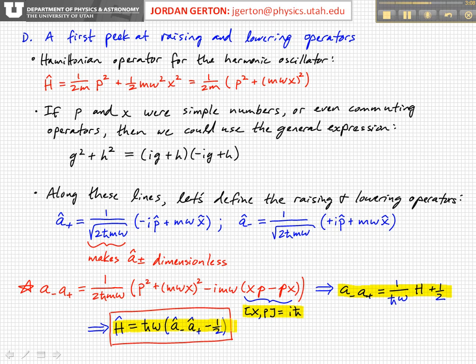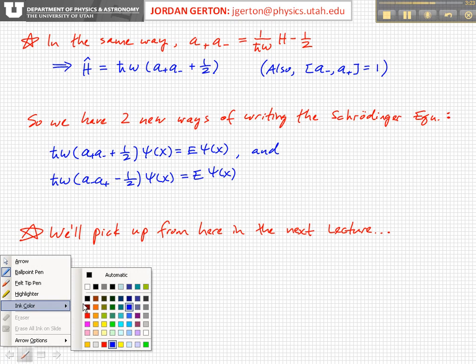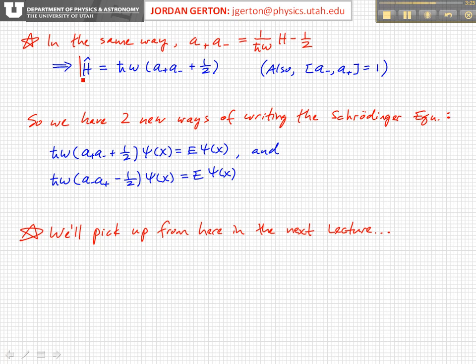Okay. In the same way, we can also write the Hamiltonian operator if we find the product A plus A minus.